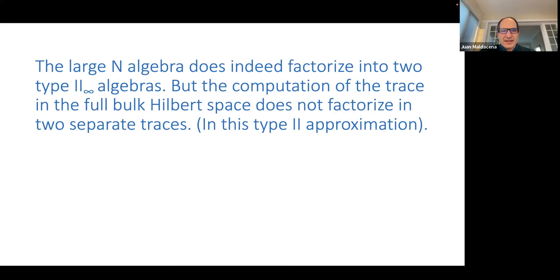So the large N algebra of the wormhole does factorize into two type 2 infinity algebras, as Edward Witten discussed recently. But the computation of the trace in the full Hilbert space does not factorize into two separate traces.